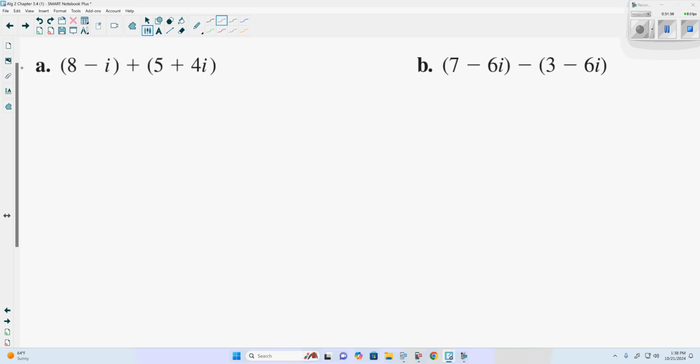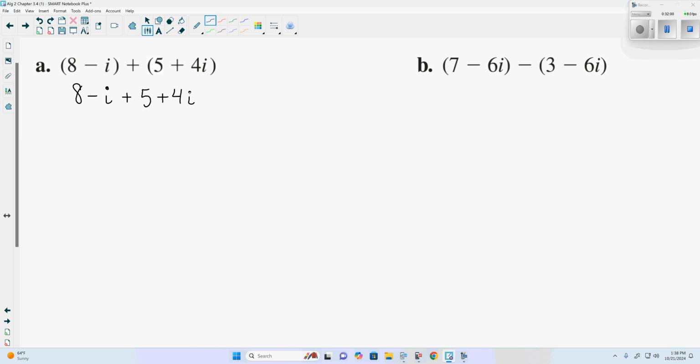The quantity 8 minus i, plus the quantity 5 plus 4i. Well, the 8 minus i, there's nothing in front of the parentheses besides our positive 1, so we can drop the parentheses. The same thing is true with our 5 plus 4i.